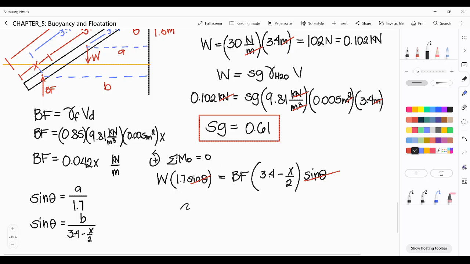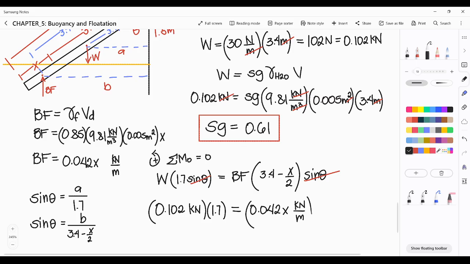Kasi meron tayong weight, 0.102 kilonewtons. Tapos may natirang 1.7. Tapos, ang buoyant force natin, kanina yung nakuha natin in terms of yung nawawalang length. That is 0.042 x kilonewton per cubic meter pala.